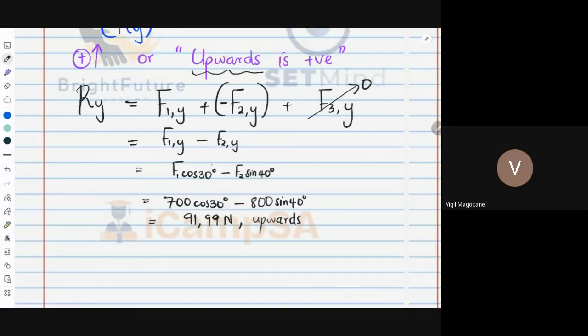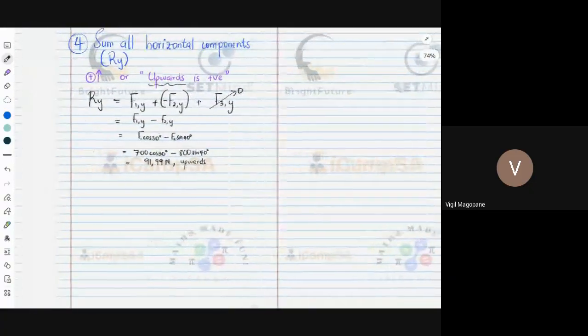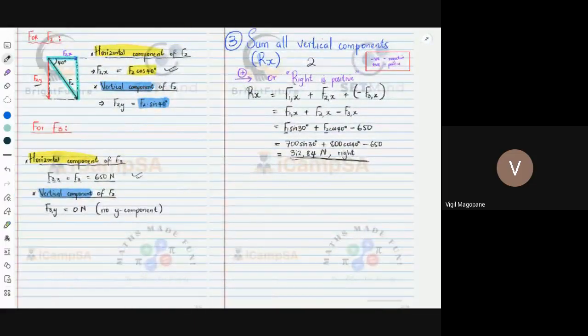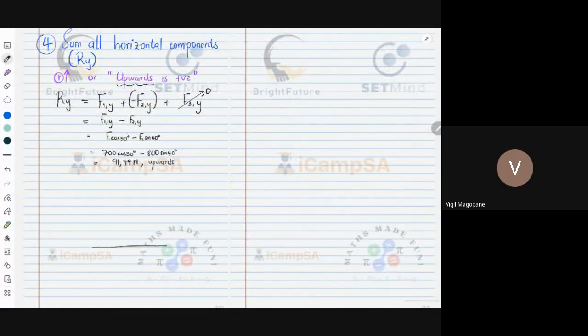So what we have essentially done here, guys, is this. We can now draw these vectors, the Ry and the Rx. We said Rx is 312.84. Okay, let's draw it. It's not drawn to scale, but when you draw them, you must indicate that you understand that the magnitude of the vector will tell us the length of this arrow. So this is Rx, 312.84.